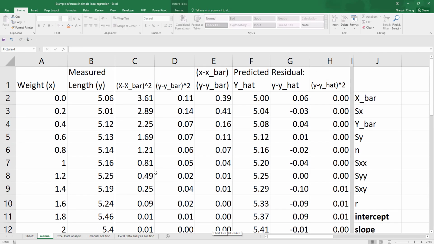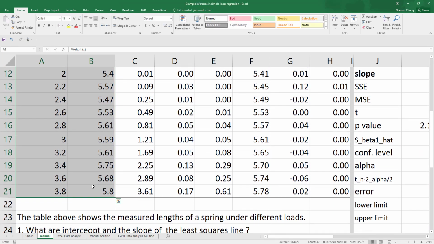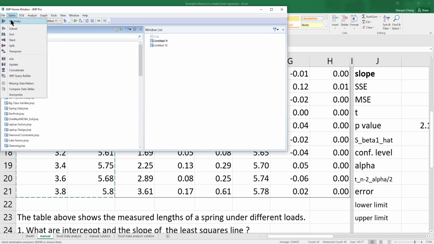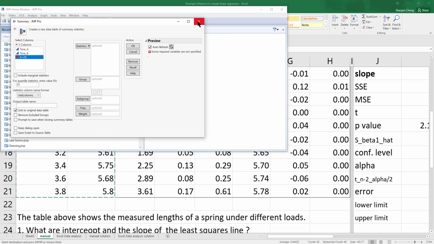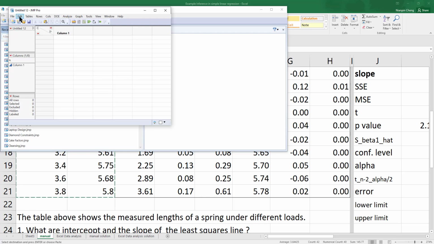Next, about JMP, how to use JMP to generate this inference on the linear regression model. To analyze the linear regression model, we can copy the data and put it into JMP, creating a new data table.